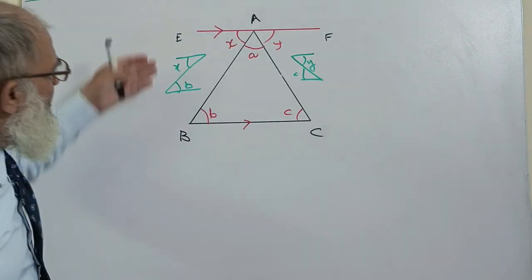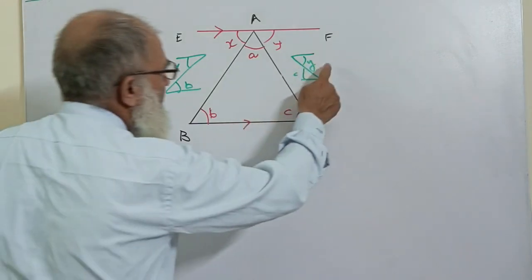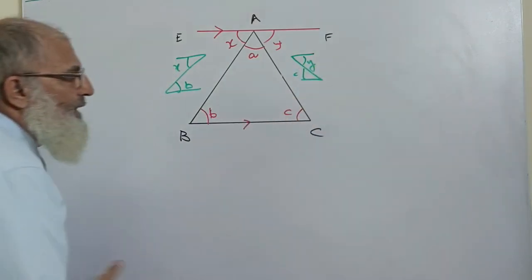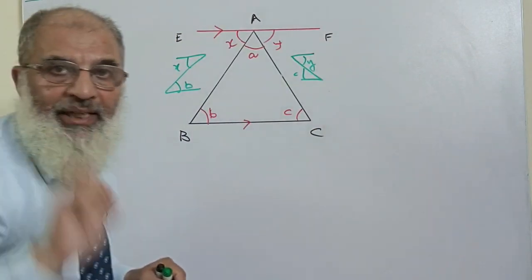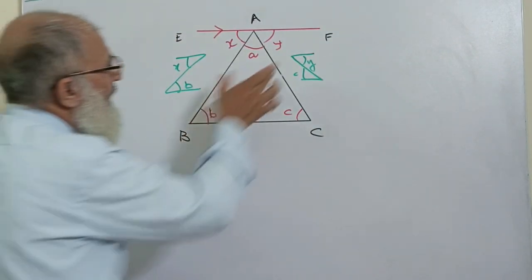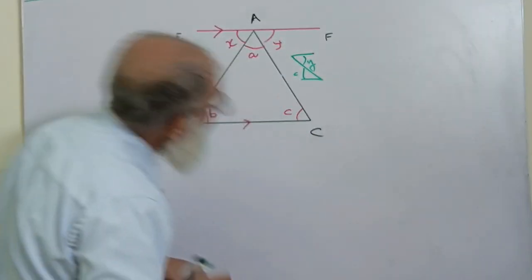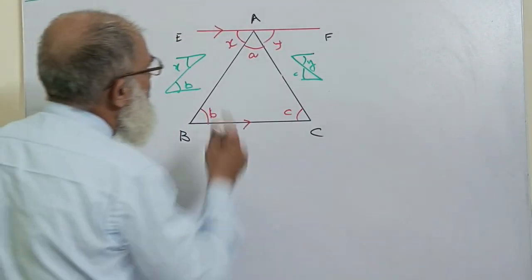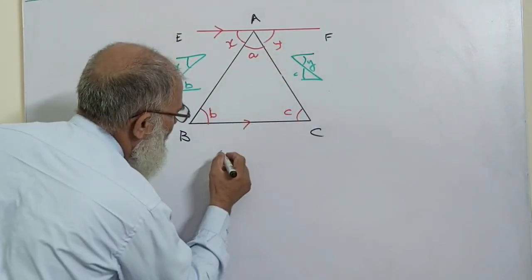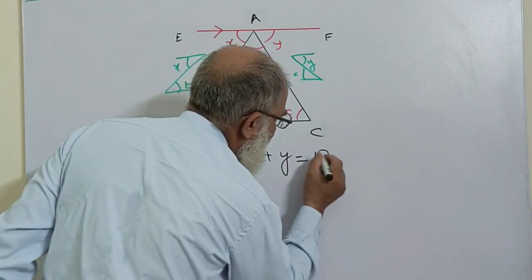So these angles are equal. Now this line measures 180 degrees. So X plus A plus Y is equal to 180 degrees.